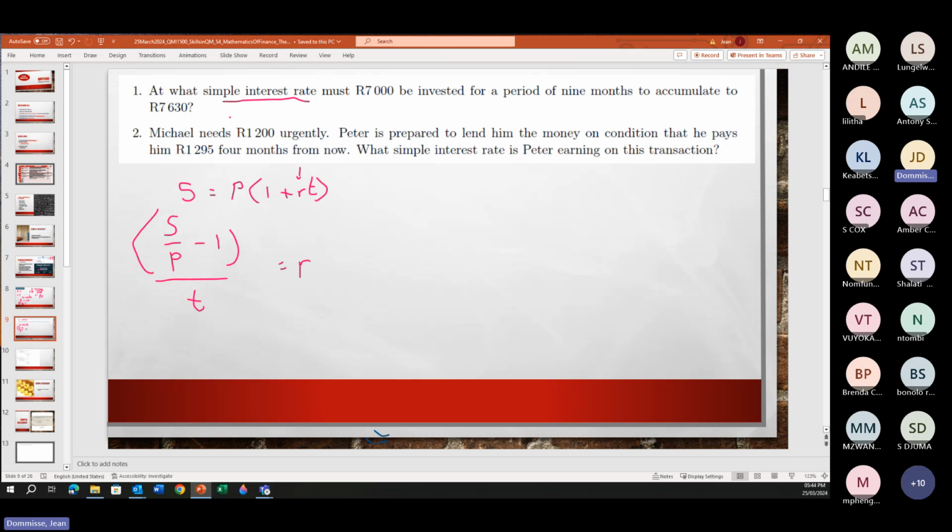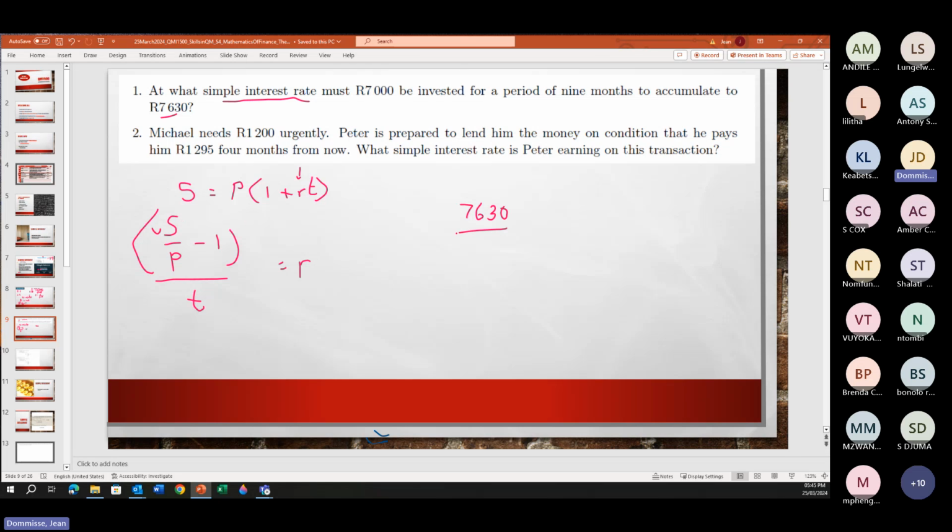Okay, so we will need to work out what the simple interest rate is. They give us the future value, because they say at what simple interest rate must 7,000 be invested for a period of 9 months to accumulate to 7630. So we know that 7630 is the future value.